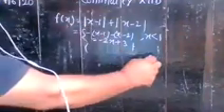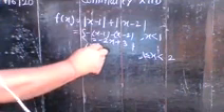Now come to the second interval. Your second interval is x is greater or equal to 1 and less than 2. Here you take any value and check its sign. If x is greater than 1, no doubt mod of x minus 1 becomes positive, so you write it with a positive sign, x minus 1.